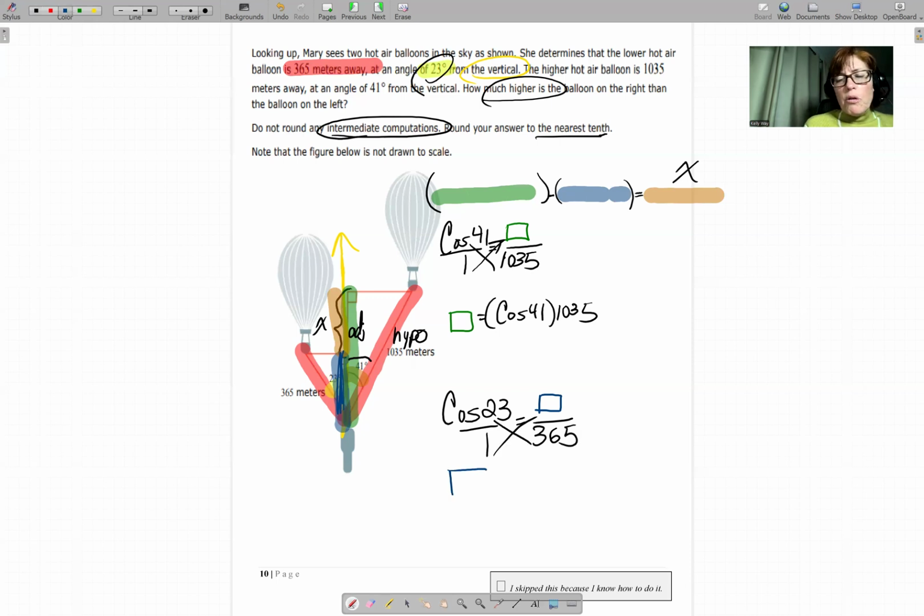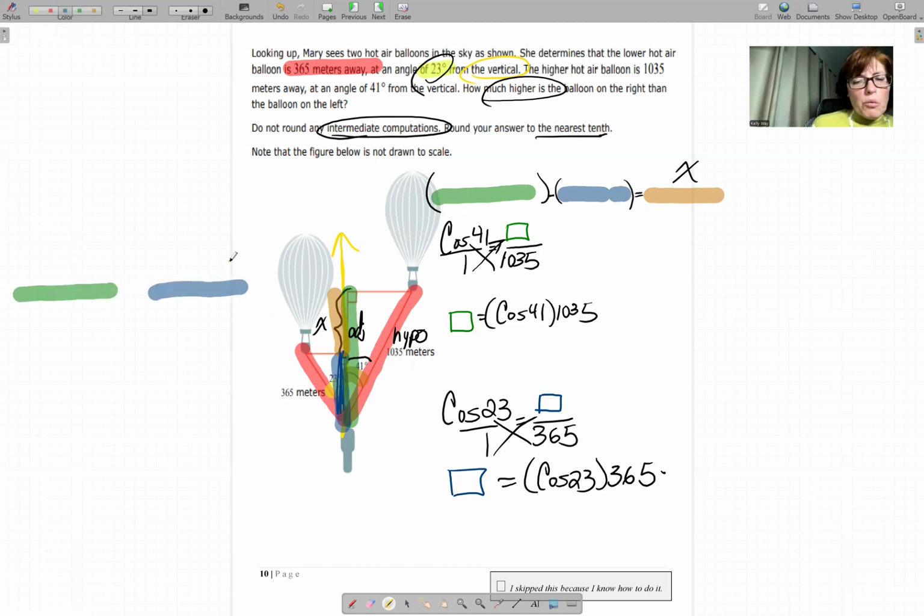Therefore, the blue would equal cosine 23 times 365. That is the essence of the blue. Now notice it says do not round intermediate steps. So you have to put all of this in one calculator. Let me show you what this looks like. It's going to be the green minus the blue.